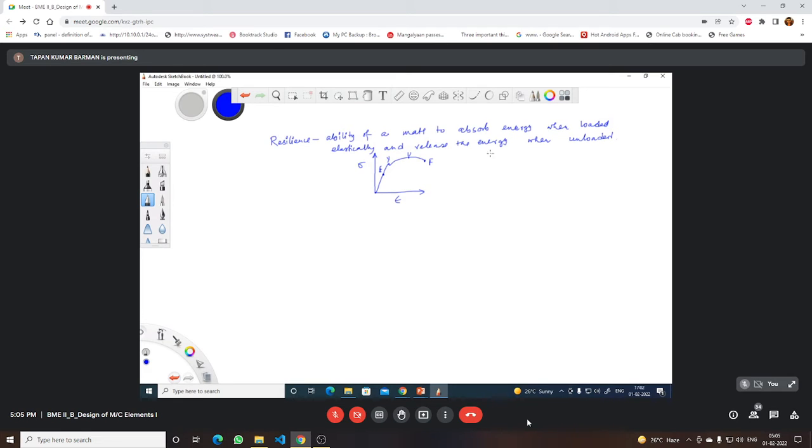And this resilience can be measured by modulus of resilience. Now, what is modulus of resilience?